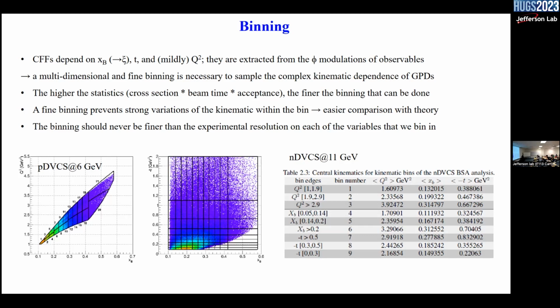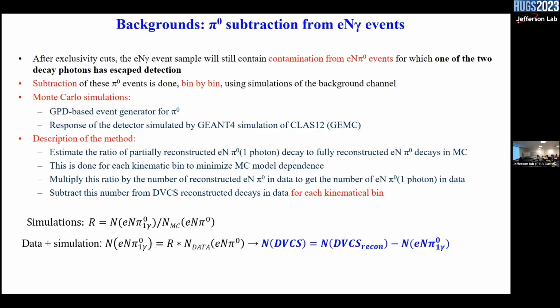On the other hand, for the neutron DVCS with CLAS12, which has a very small cross-section, very small efficiency, and so on, we have only 3 bins per variable. We cannot do it multidimensionally. We have to integrate over the other variables, and like bin in Q square, integrate over x and t, and so on. So this is something that has to be decided based on which measurement you are doing.